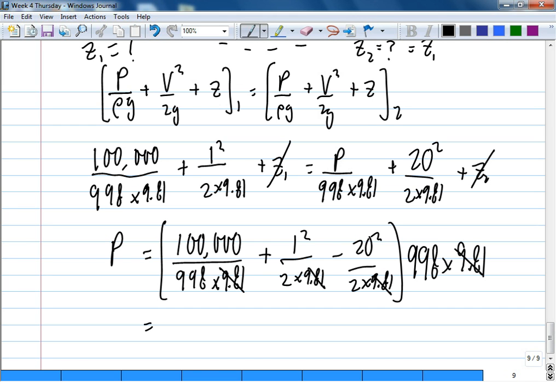You're converting flow energy to kinetic energy. What's the answer? Yes, it could be negative. Negative 99.1, 200 Pascal. Okay.